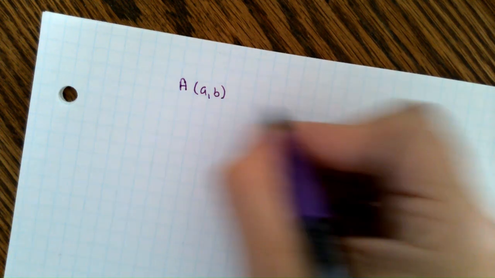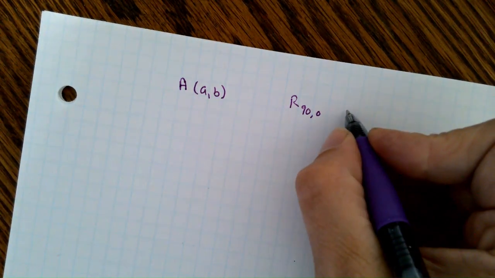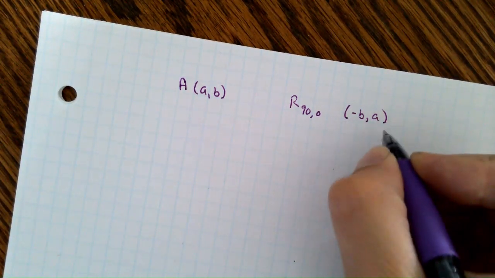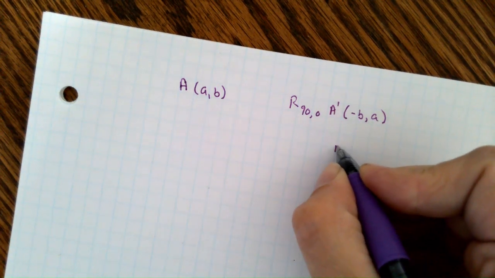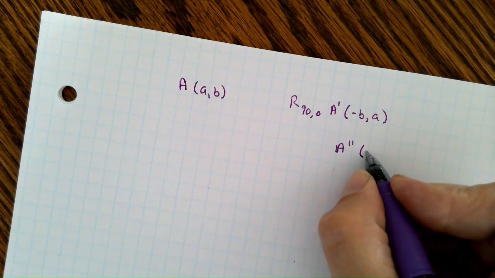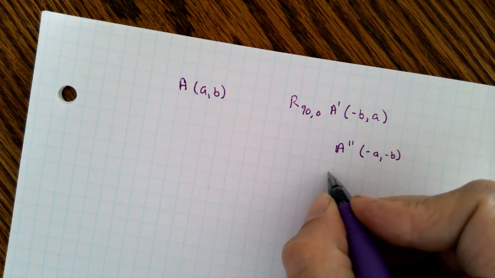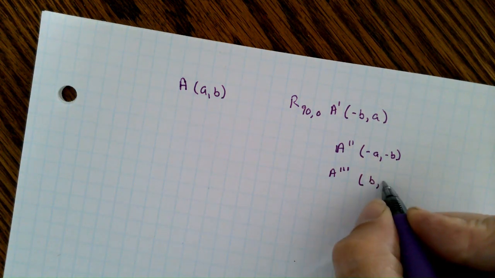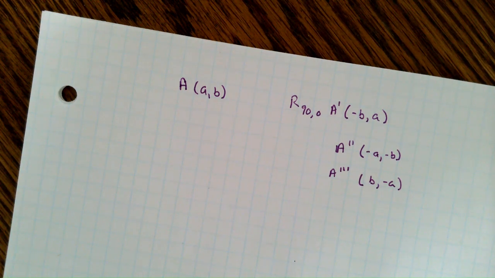If we did that and we did a rotation 90 degrees around the origin, then we would be at -B comma A. This would be A prime. What if we did a second time, again 90 degrees around the origin? Then we'd have -A comma -B. And if we did it a third time, we would have B comma -A. So it just keeps repeating what's happening, okay?